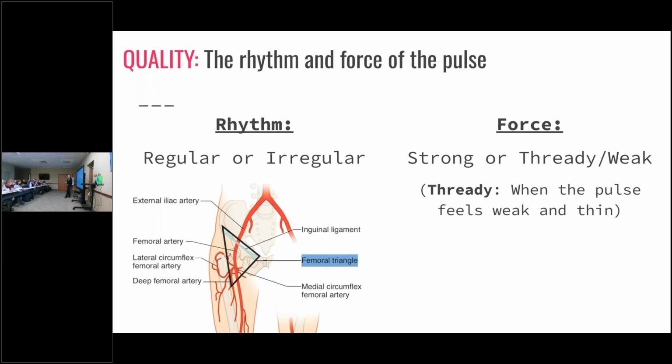When you feel your pulse on yourself, it should feel like a strong, very palpable beat. Sometimes though, when you're feeling on a patient that's maybe bradycardic, they might have a thready pulse. Thready means when the pulse feels weak and thin. So it's not that nice, strong pulse that we typically feel.